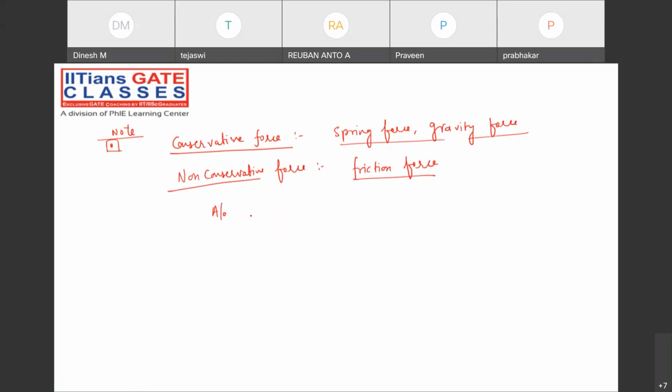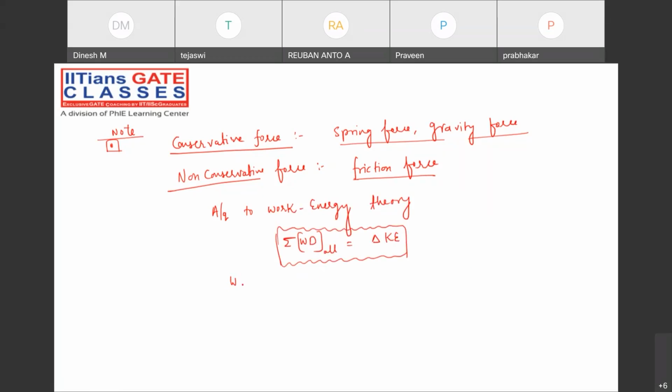According to the work energy theorem, summation of all the work done must be equal to change in kinetic energy. What do you mean by all the work done?